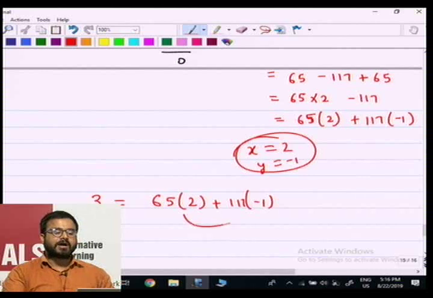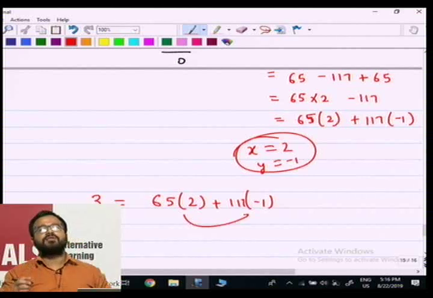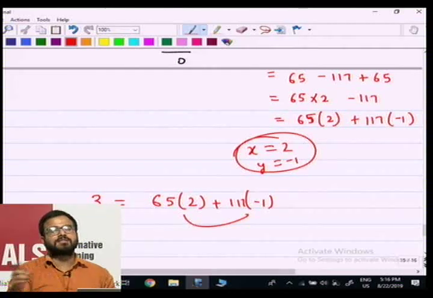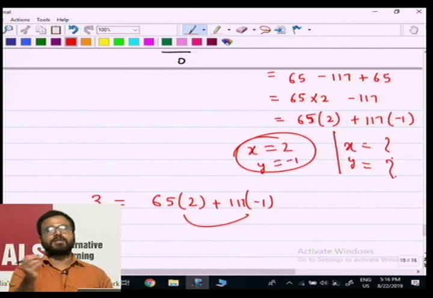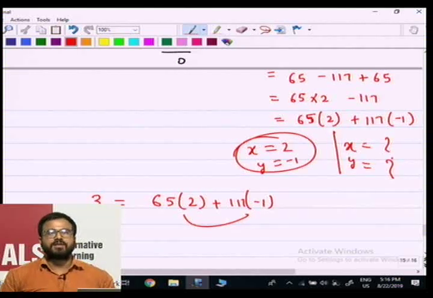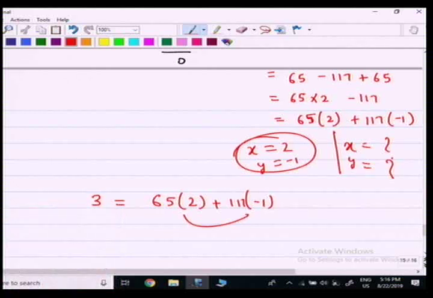So the question is, is this the only way to write 13 in this form, or can there be some other way also of writing it? Is there any other set of values of x and y for which we can write 13 as a linear combination of 65 and 117? The answer is that there are some other ways also in which we can write it as a linear combination of 65 and 117.